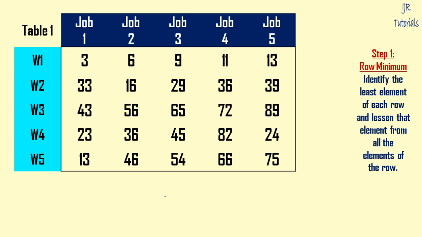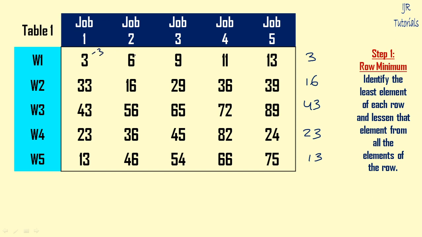Once we confirm that it is a balanced problem, we have to apply step 1, row minimum. Identify the least element of each row and subtract that element from all the elements of the row. So the least elements are 3, 16, 43, 23 and 13.